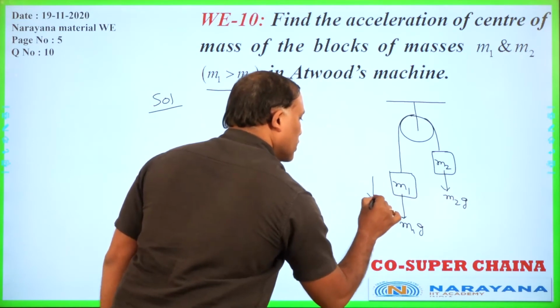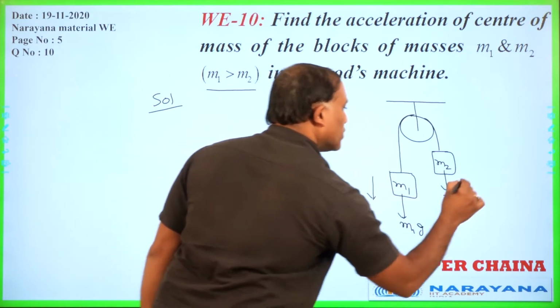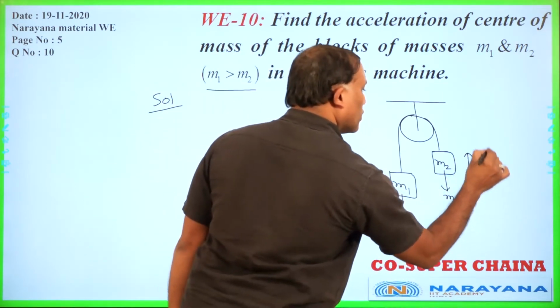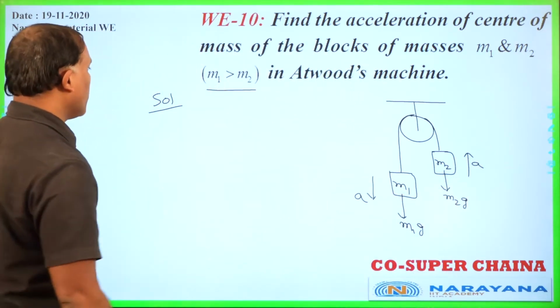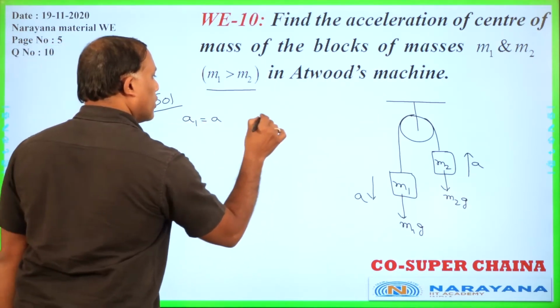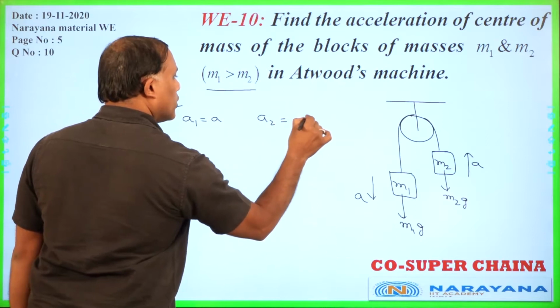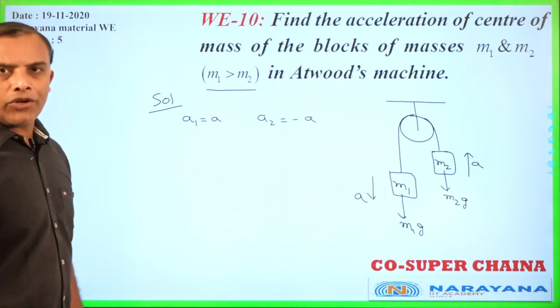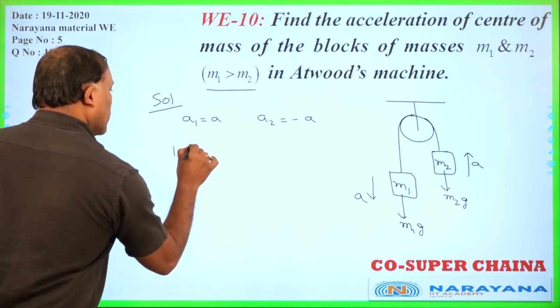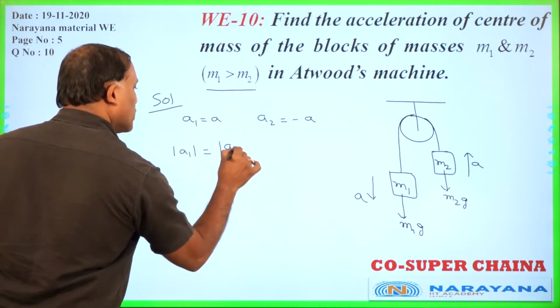Here m1 is moving downward with an acceleration a and m2 is moving upward with an acceleration a only. So we can take a1 is equal to a and a2 is equal to minus a, because we need to consider directions. Then modulus of a1 is equal to modulus of a2.